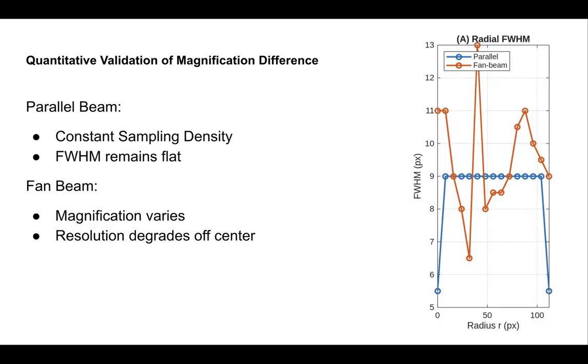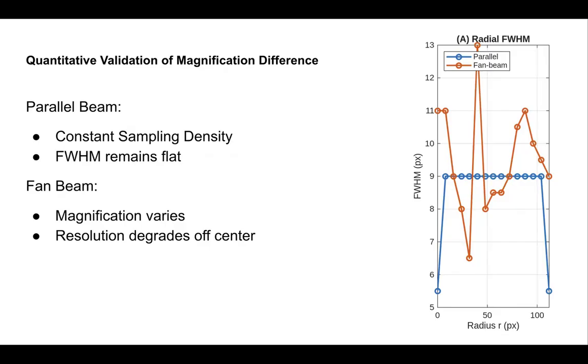Next, we will discuss the quantitative validation of magnification difference. Full width at half maximum is the width of the point spread function at half of its maximum. In the parallel beam case, the full width at half maximum of the system's point spread function is usually spatially uniform across the image because the system geometry and sampling stay constant everywhere.